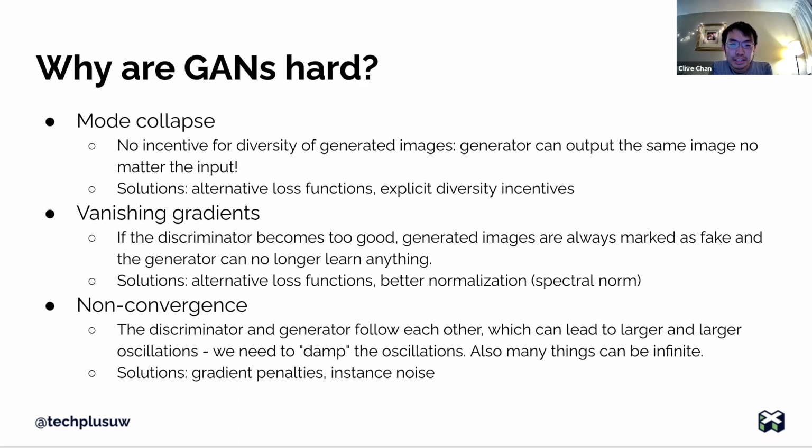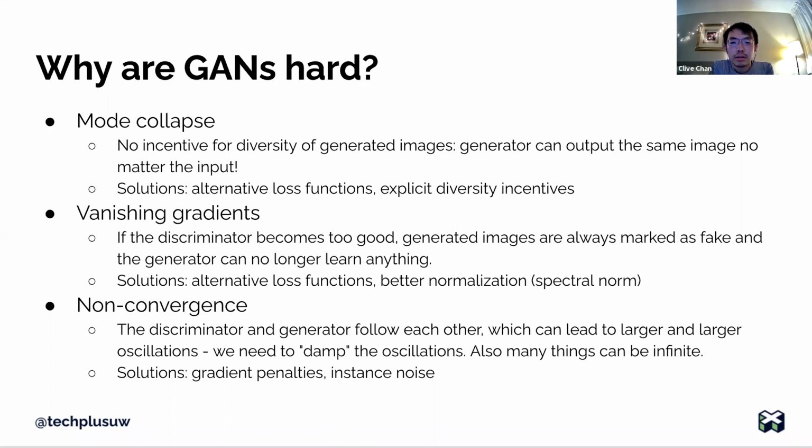So there's a lot of interesting problems that can arise if you don't have quite the right parameters, such as mode collapse. Mode collapse comes from the fact that there's no real incentive for diversity of generated images. All you're really doing is getting the discriminator to distinguish individual generator images from individual training set images.